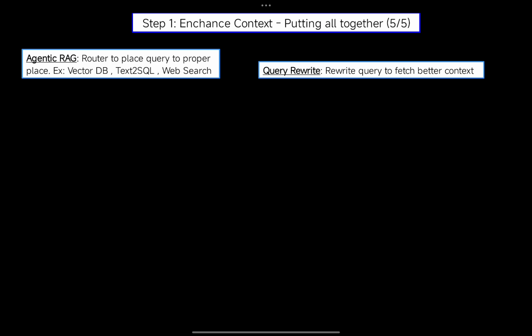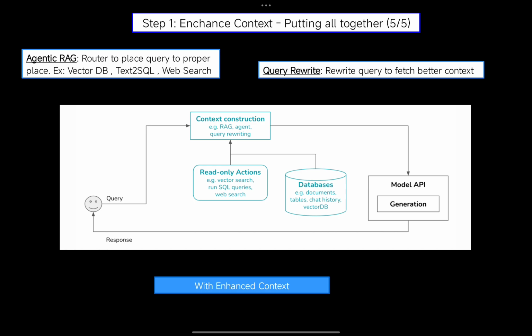So you can also think of adding that to your system design, and it can retrieve better context from the vector DB, the SQL database, or the web search, right? So now, using this enhanced context, the architecture looks like this.